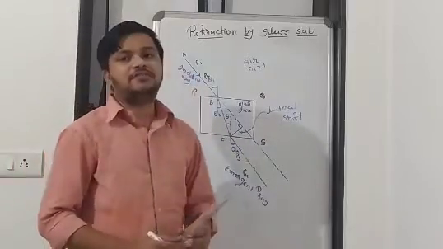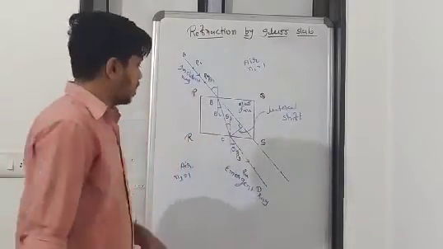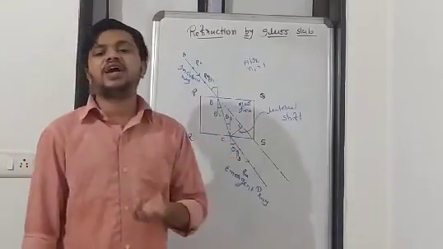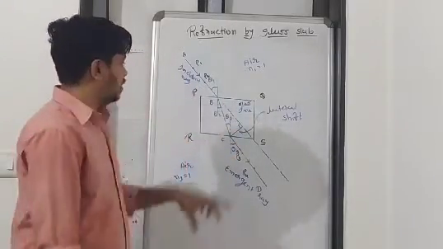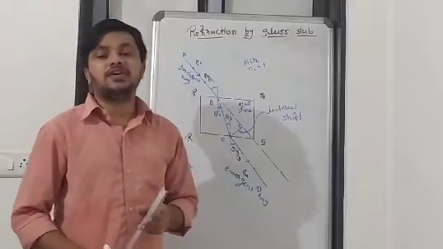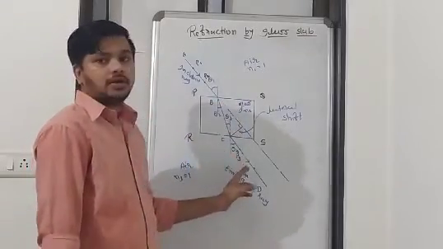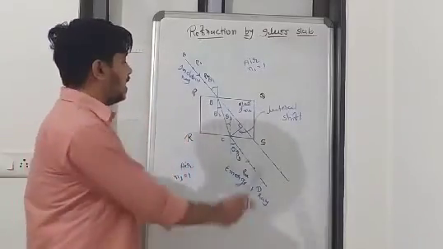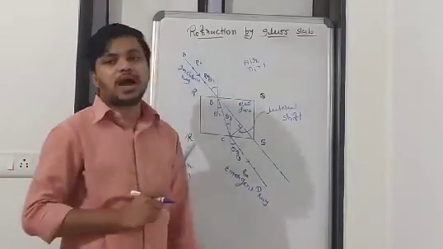So here it is, refraction by a glass slab. The definition of lateral shift is that when the ray is refracted by two parallel refracting surfaces, the emergent ray goes in the direction of the incident ray, but slightly displaced from it.